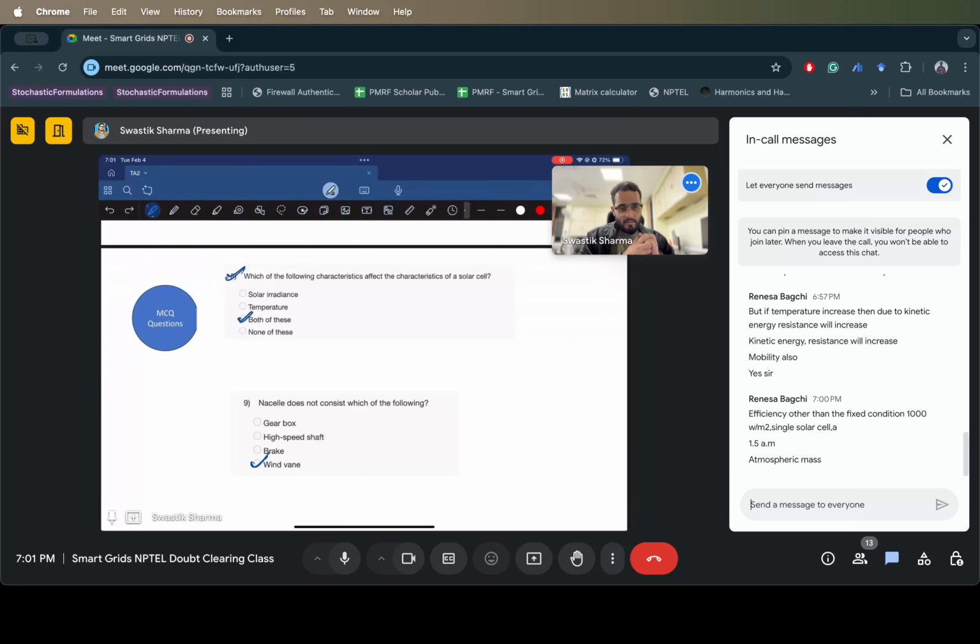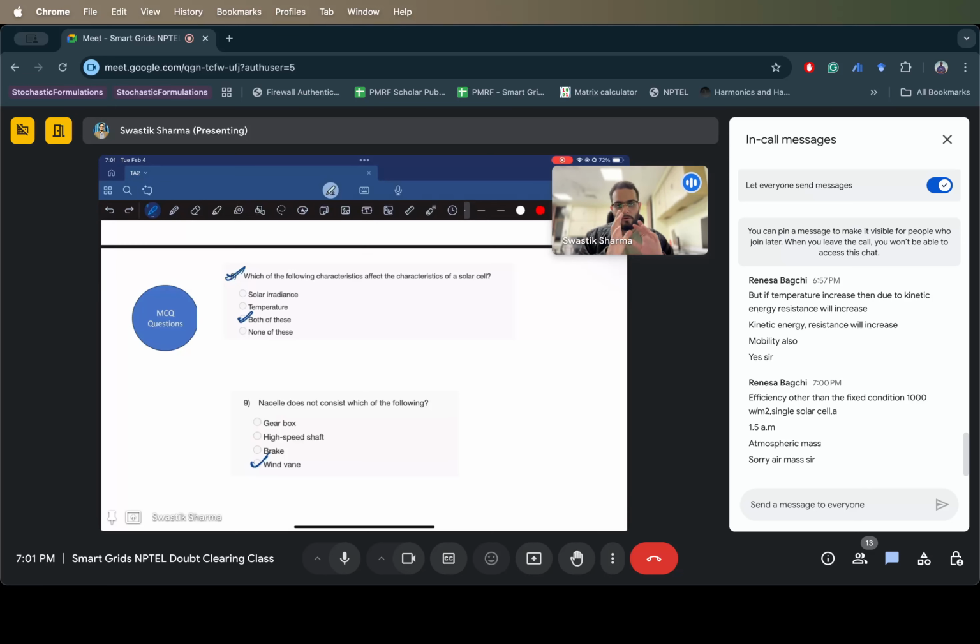Atmospheric mass. Efficiency other than the fixed condition, 1000 watts per meter square, single solar cell, 1.5 atmospheric mass. Here you've gone into a lot of details, but the question says which of the following characteristics affects it. So the effect can be positive, it can be negative. Up to a certain extent, temperature affects it proportionally.